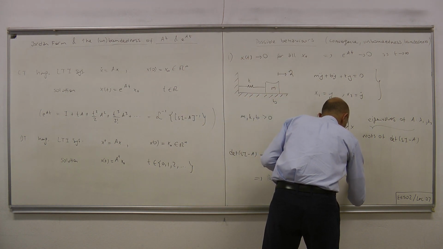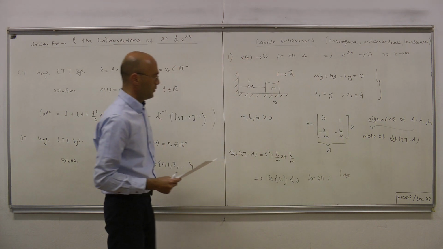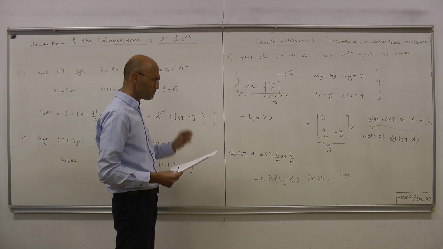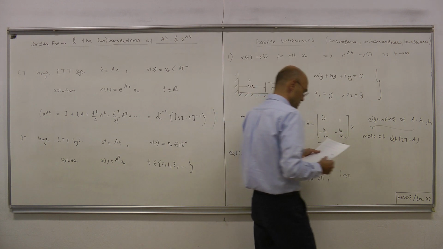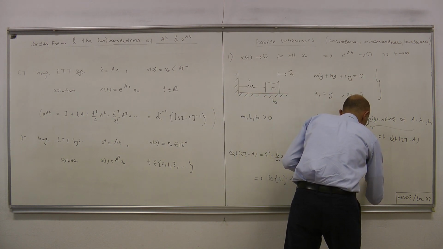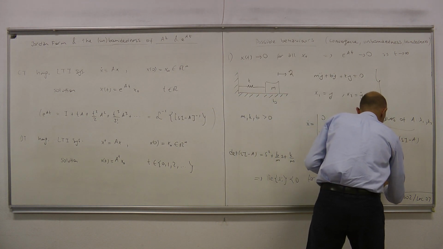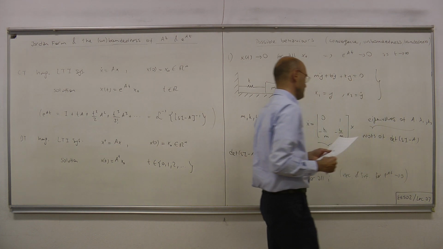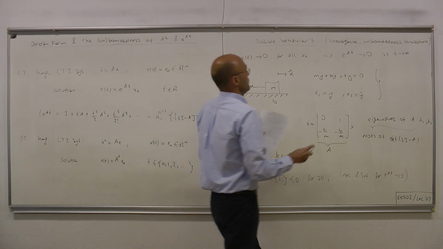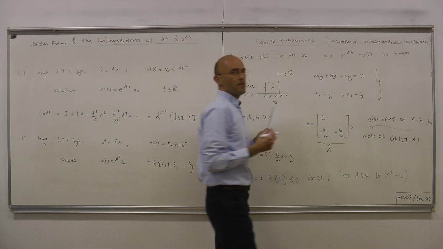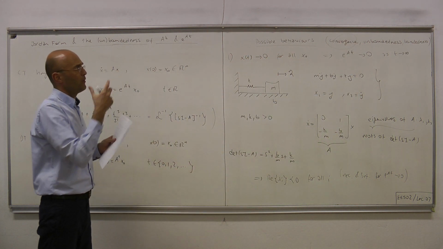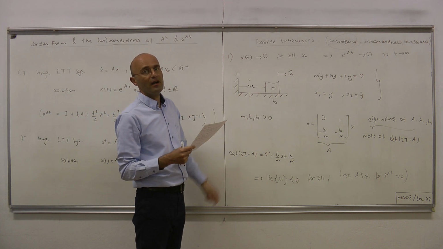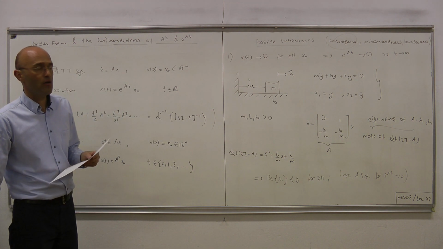This is one of the results that we will eventually formalize: necessary and sufficient for e to the A t to converge to 0. So we just discussed, through a simple example, what we mean by the behavior of convergence.